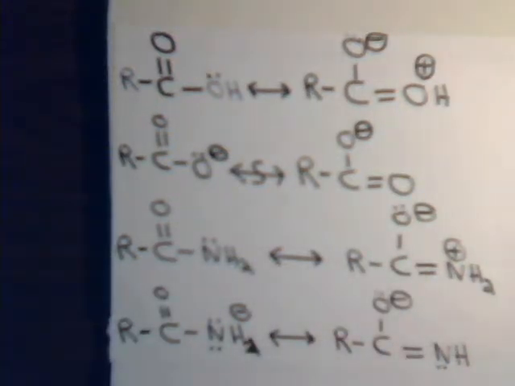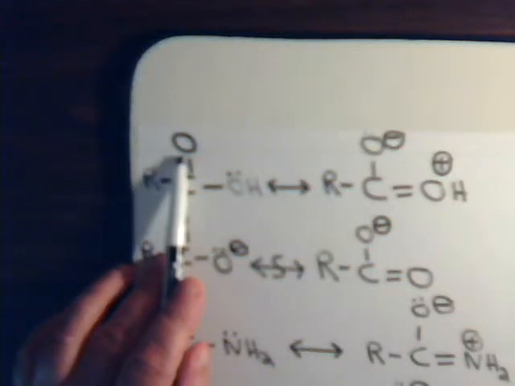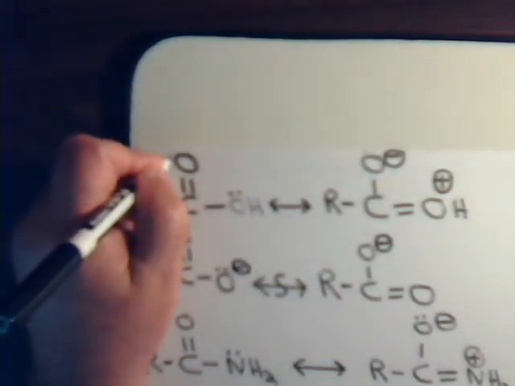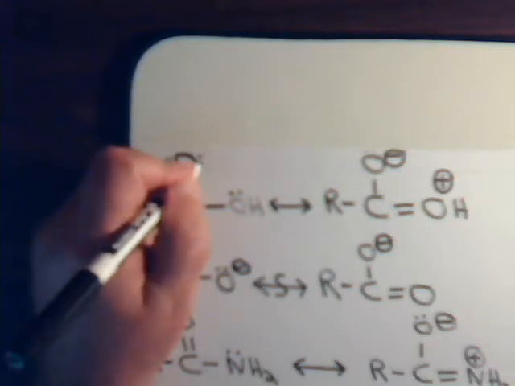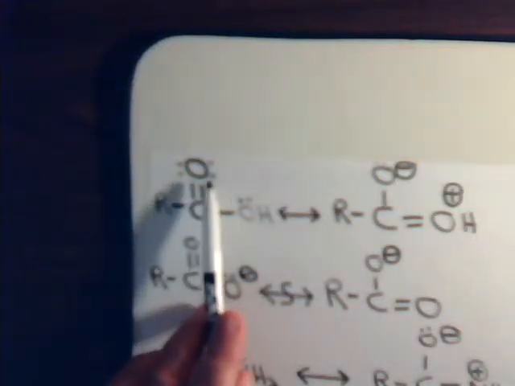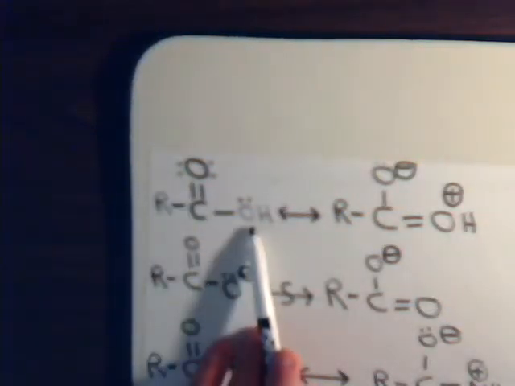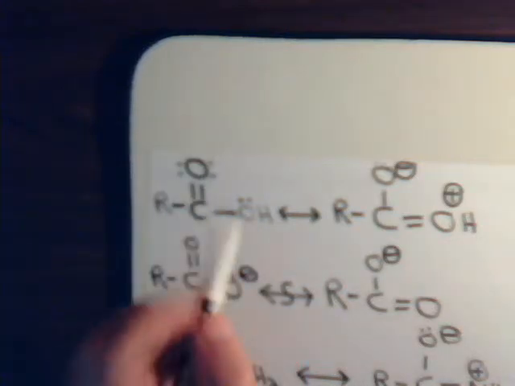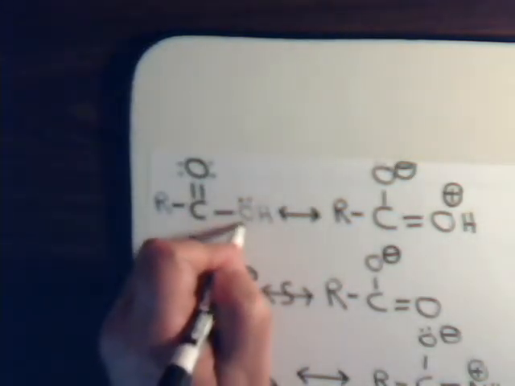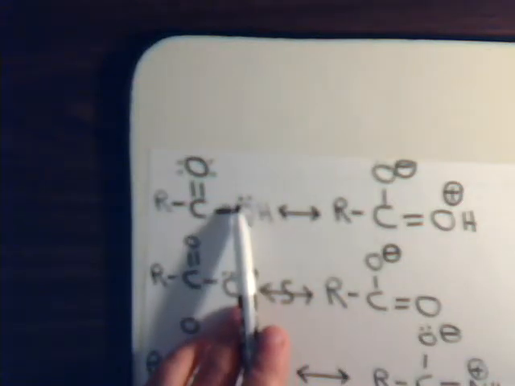What we discussed in video number 9 is the fact that this carbonyl oxygen has 2 lone electron pairs, and as we discussed in video number 9, these are sp2 electrons, and the hydroxyl oxygen also has a lone pair of sp2 electrons as well as the pi electrons.